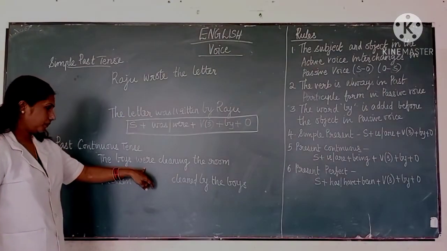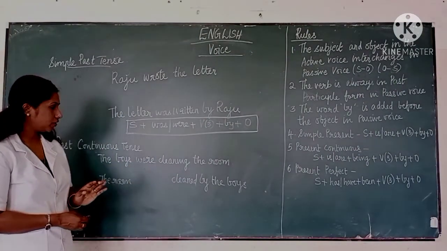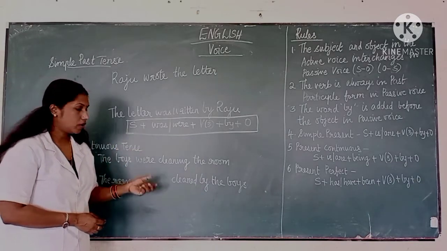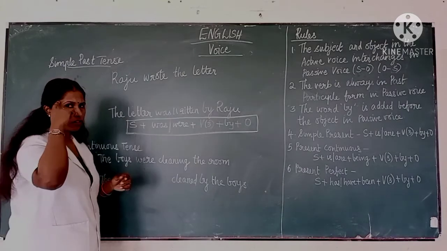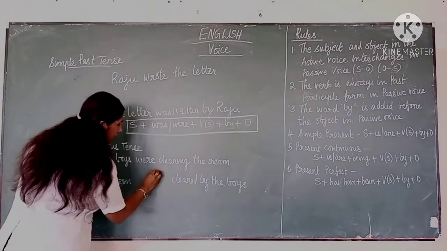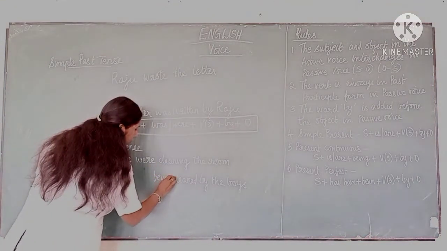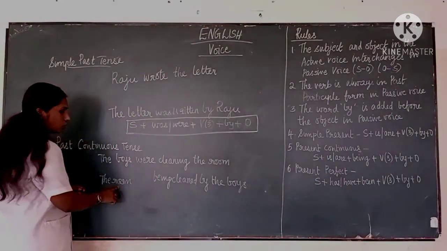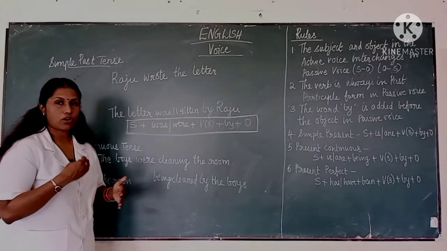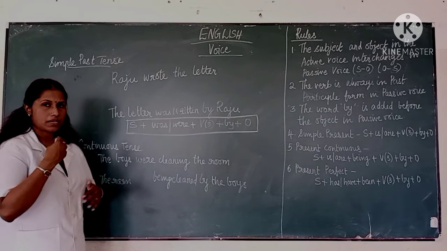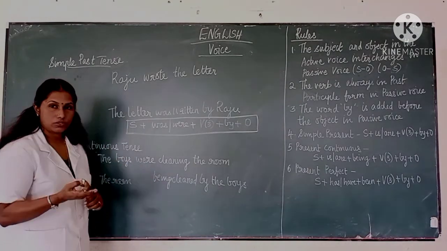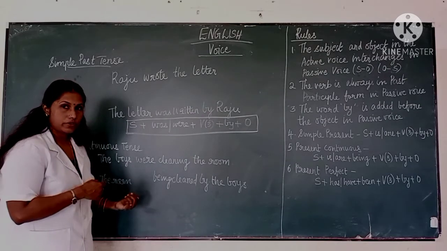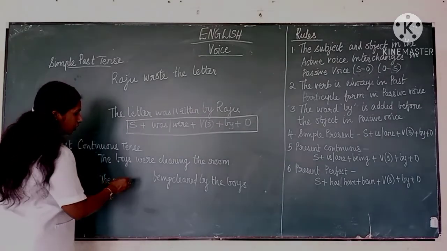Now how are you going to change? When it is continuous tense, what is the other word which we have to use here? Continuous tense means always remember being. Being has to come before the verb. Then the room. Is it was or were that we will add here? Past tense means it is always was or were. The room is singular, so we will add was.